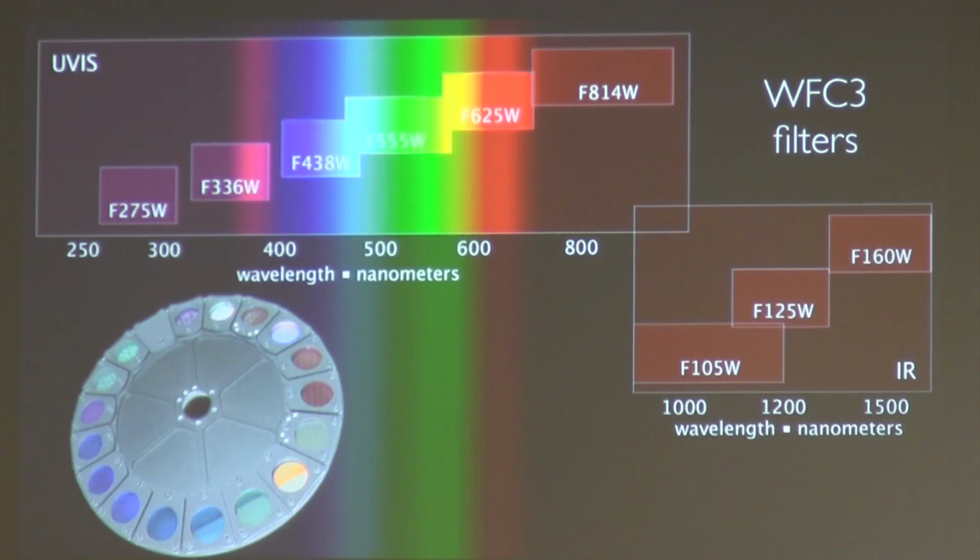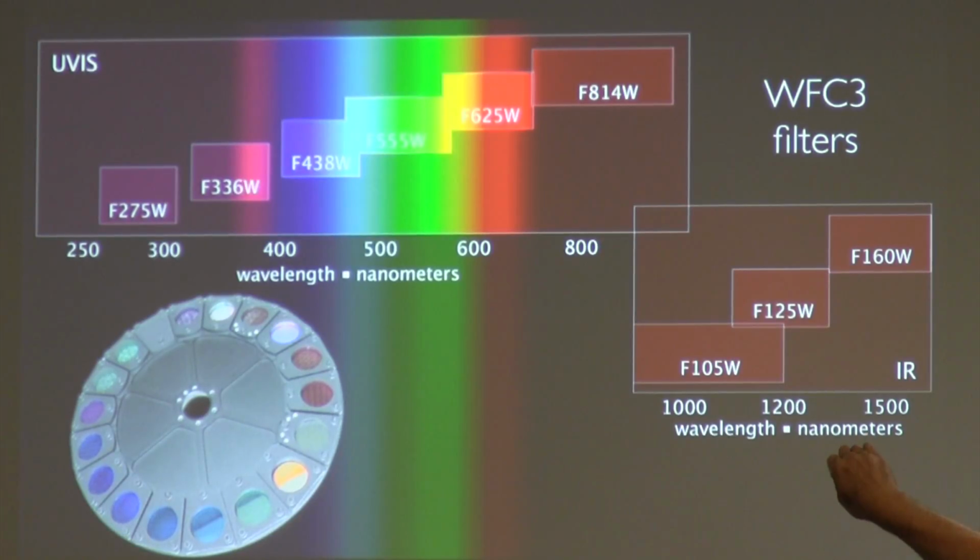So here we have a rainbow, the kind of light that we can see and beyond. I think of this as kind of a hyper rainbow, going from the ultraviolet at the left side to infrared on the right side. Shorter wavelengths on the left, longer wavelengths on the right. Longer wavelengths are redder, shorter wavelengths are bluer.